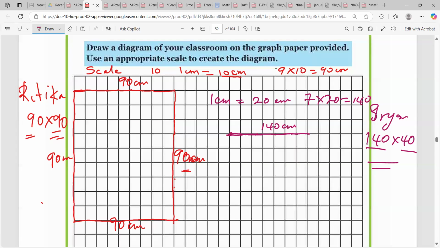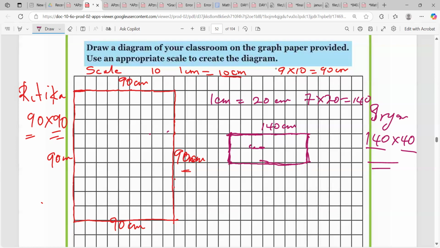Because each square represents 20, so you would have to use 2 squares for the width, and the width is 40. So yes, 2 times 20, you get 40. So you see the scale matters, right? Look how this one is actually larger than this one, but based on the scale, it helps it to fit quite easily.